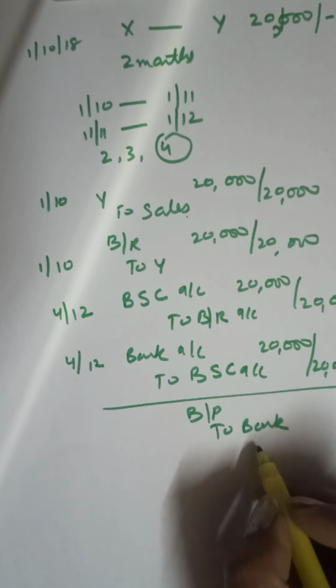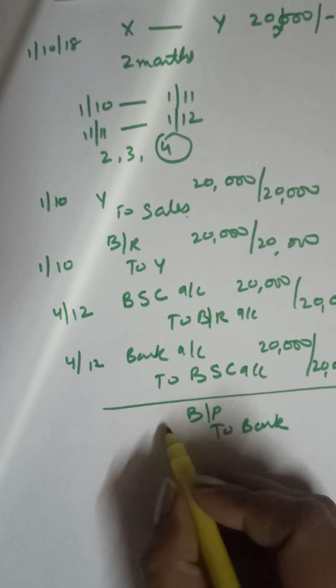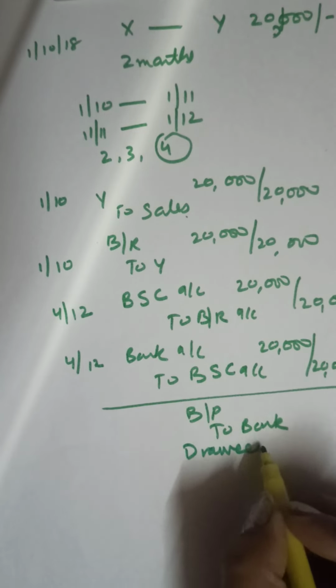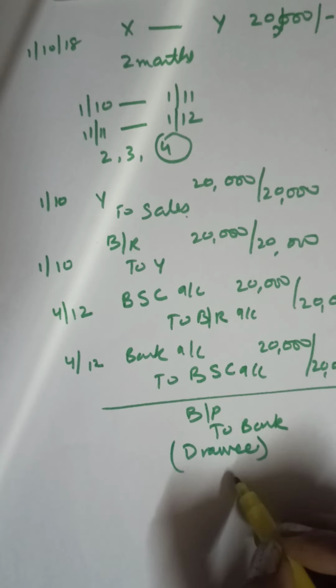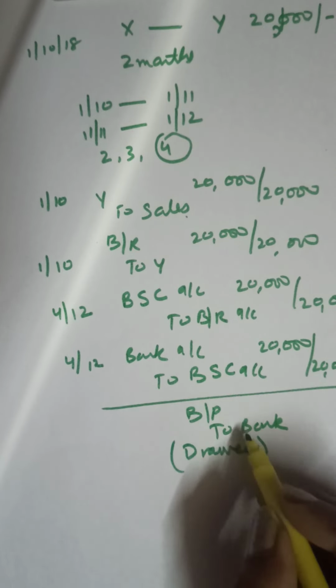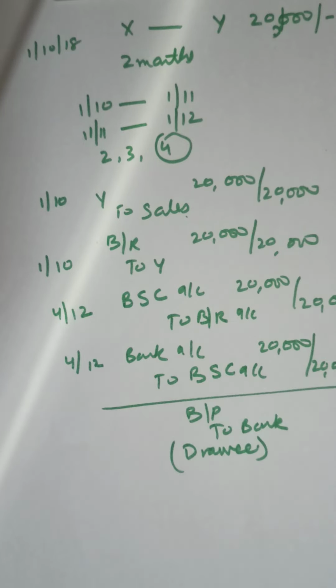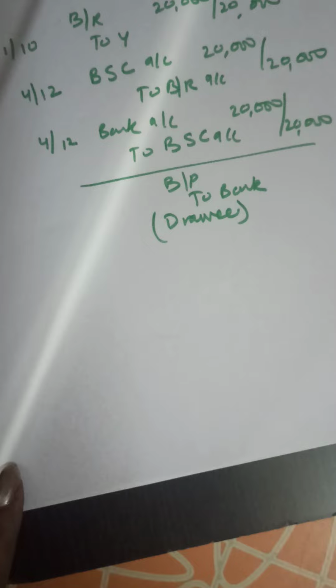So bills payable to bank, he will make the entry, as the payment is being made. That is the entry for bill sent for collection. I hope you are understanding, girls.